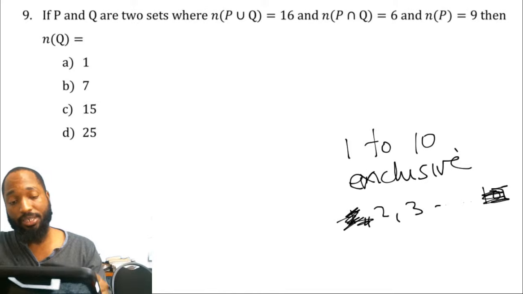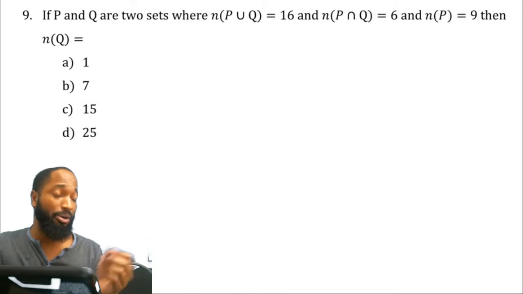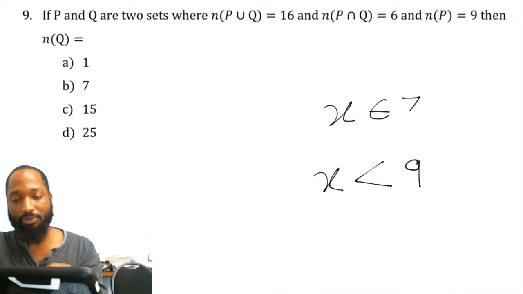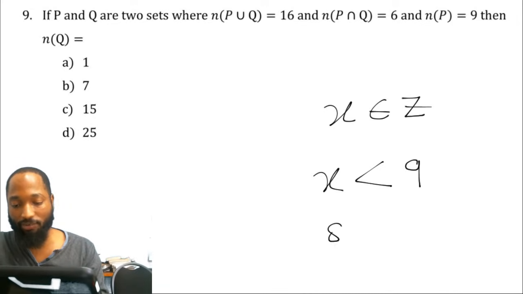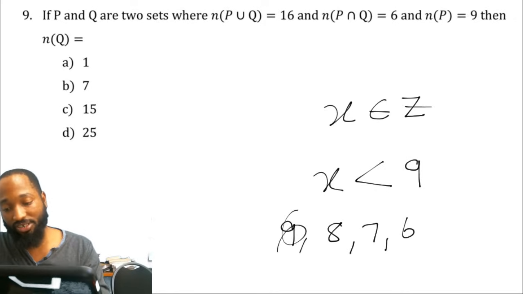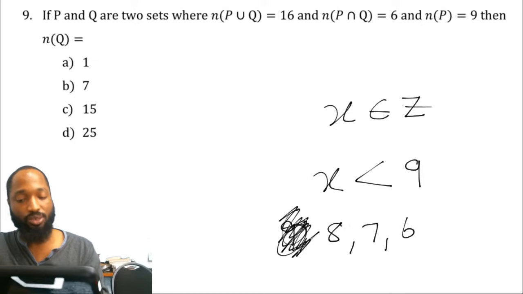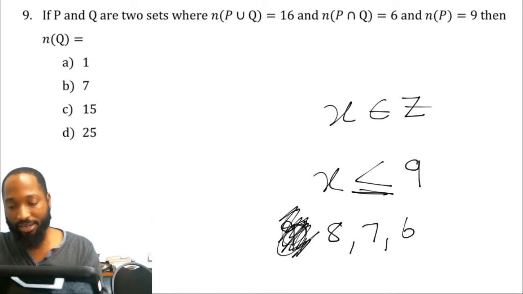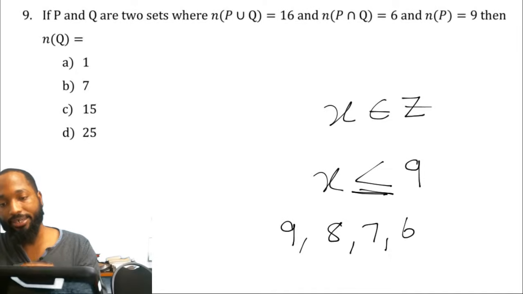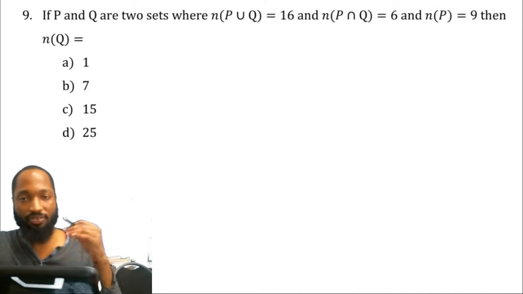Another way you would see this being tested, so you can anticipate some questions: if you see x is less than 9, and x is an integer, belongs to the set of integers, it means you have to start from 8, 7, 6. You can't put 9 here because it's not inclusive. But if I have this, then you could bring back in the 9. More on that later. Z stands for integer.